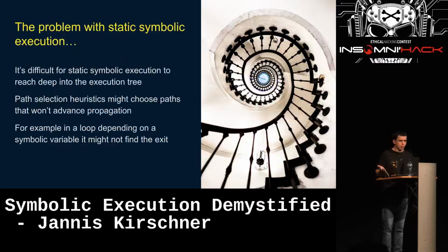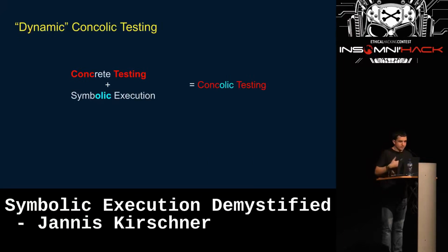This poses some problems. For example, if you have a loop, and your loop depends on a symbolic value, on the symbolic bit vector, it can happen that it never exits the loop, because it's hard for the symbolic execution tool to reach deep into the trees. And therefore, there's another technique, which is called concolic testing, which is just a mix between concrete testing and symbolic execution.